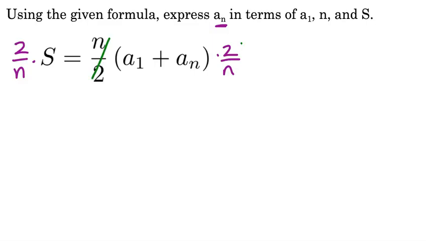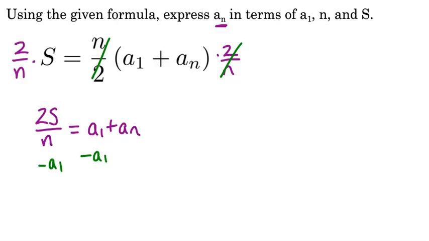The n over 2 and the 2 over n would simplify. On the left side, we have 2s over n equals a sub 1 plus a sub n. And then to solve for a sub n, we would subtract a sub 1 on both sides of the equation. And we'd have 2s over n minus a sub 1 equals a sub n. And there we have rearranged the formula to solve for a sub n.